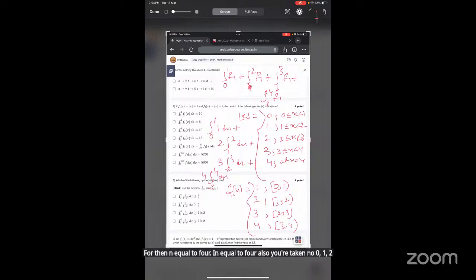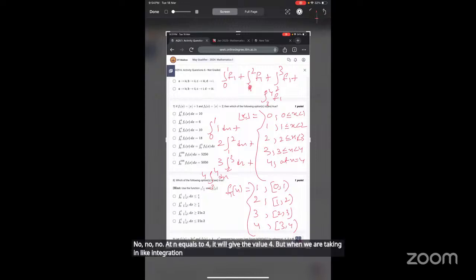On the right side, you have taken n equal to 4. At n equals 4, it will give the value 4. But when we are taking integration 3 to 4, then it is fine. At a particular point, the integration is 0, so we can neglect it. Okay.